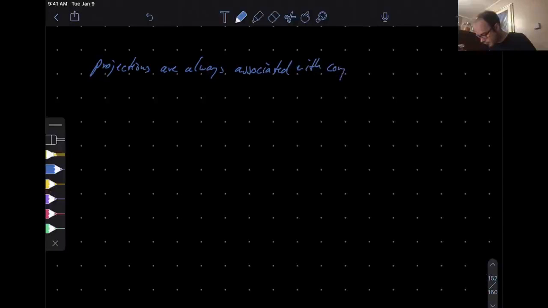As soon as you have a projection, you have a complementary subspace decomposition of your starting normed linear space, right?